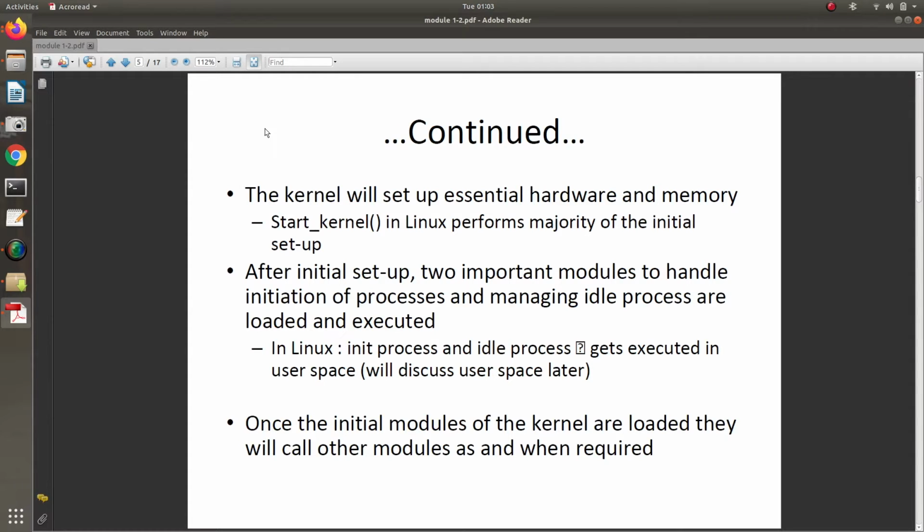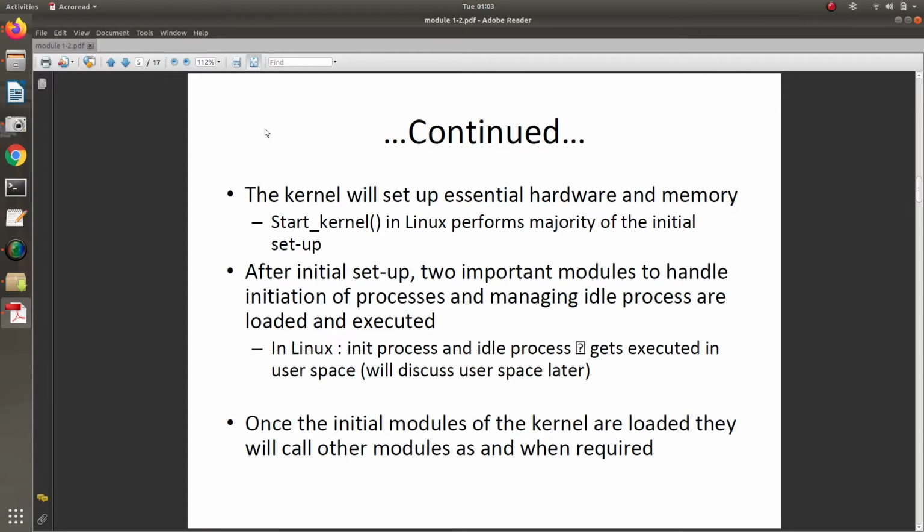After the initial setup, two important modules to handle initiation of processes and managing idle processes are loaded and executed. So in Linux, the init and idle processes get executed. That is, when we switch on the machine, initially the first functions that run are the init process and the idle process. These are the two processes that help us initiate and manage the idle processes that are there in our operating system.